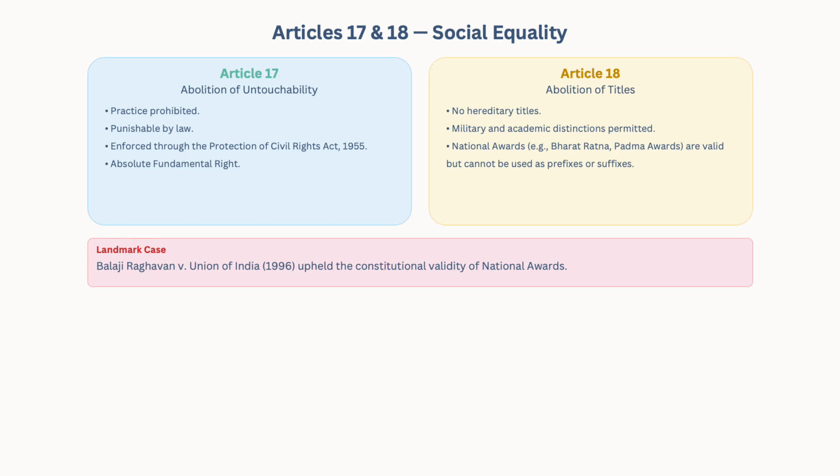These are valid, but they cannot be used as prefixes or suffixes, which means you cannot add them to your name as a title, like Padma Shri Mr. So and so. You cannot do that.